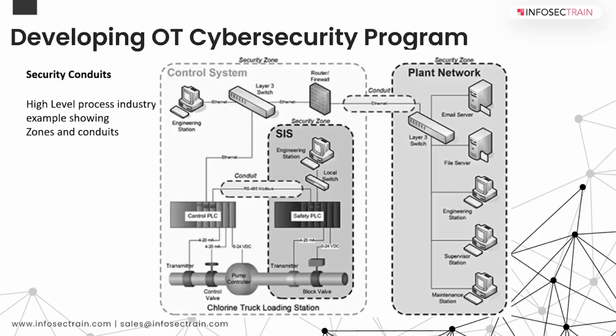So when you develop a security program after the high level risk assessment, something that you do is network segregation. So here we have a high level process industry, where we have different zones and conduits.